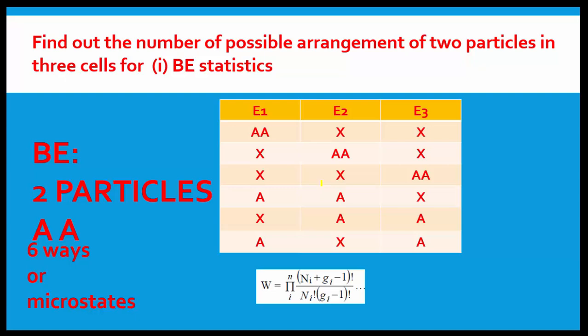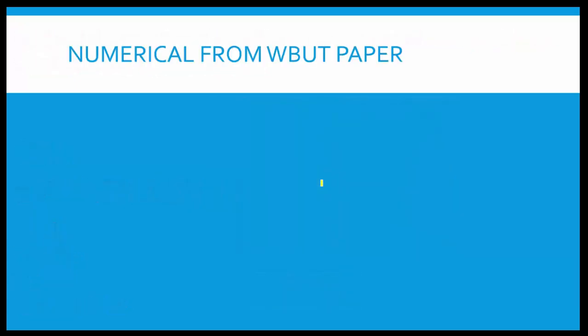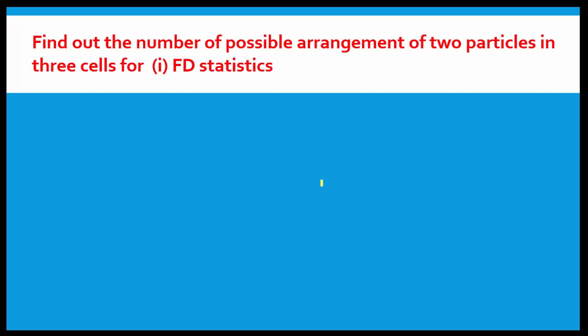Now similarly we take the same problem, but now we are going to solve it in FD statistics. Find out the number of possible arrangements of two particles in 3 cells for FD statistics. If you recall slide 1 from lecture 1, you have the difference table.